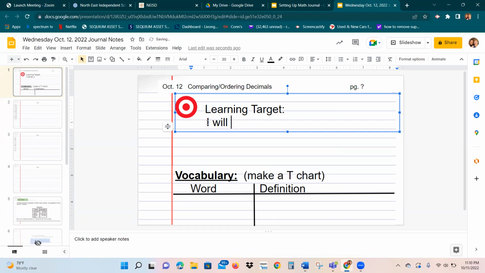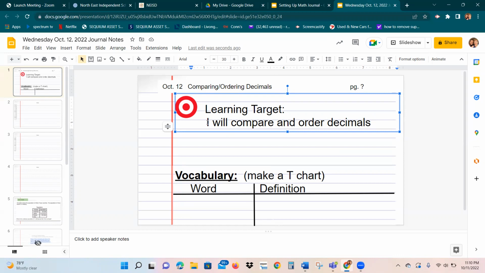I will compare and order decimals. Sorry about that. Pause it at any time because you're in control of this. I'm just typing, it makes it a lot faster. We want to compare and order decimals.